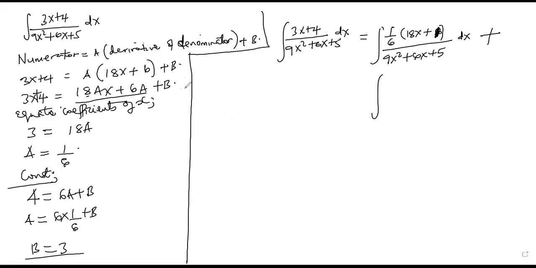I think the value of b is 4. The value of b is 3. So it is 3 over 9x squared plus 6x plus 5x dx.